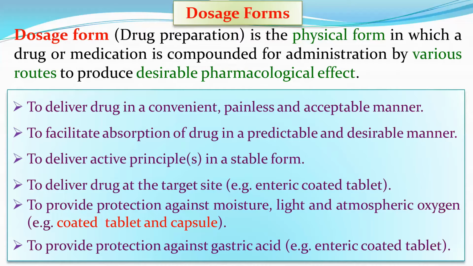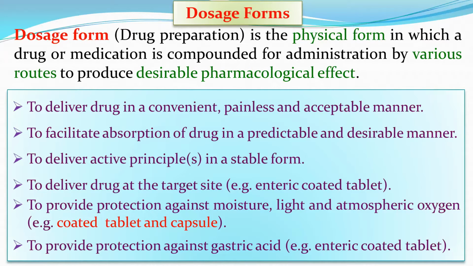And to deliver the drug at the target site means, suppose there is mastitis in a cow, the target site is the cells which are producing the milk. So there the drug needs to reach. That's known as the drug delivery system. Here the example is the enteric coated tablet.